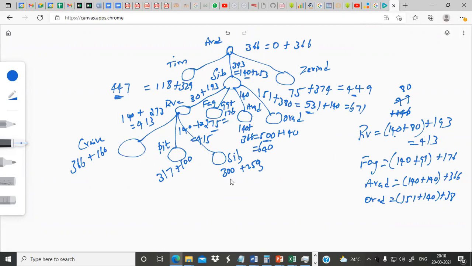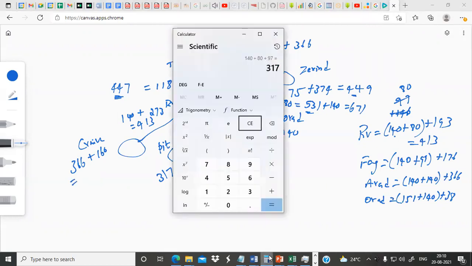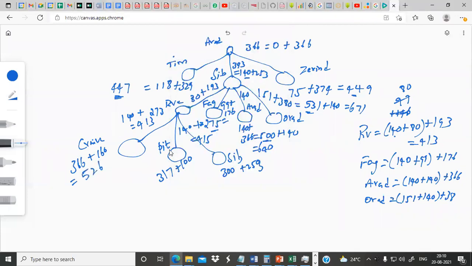So what do we get? 366 plus 160, which is 526. So this path is 526. This is 317 plus 100, which is 417.